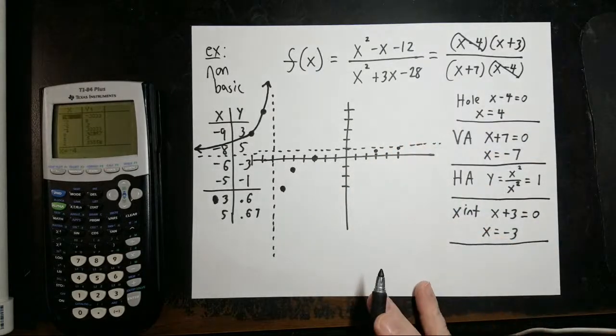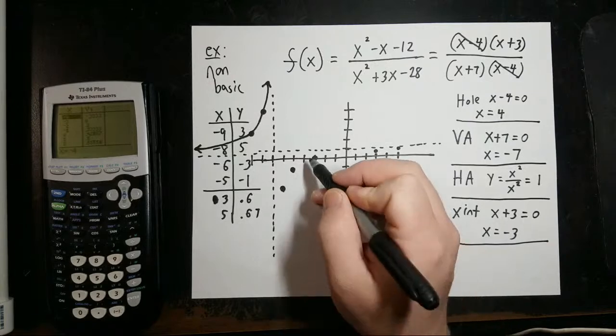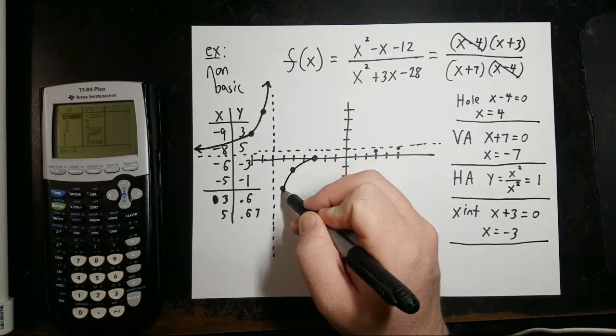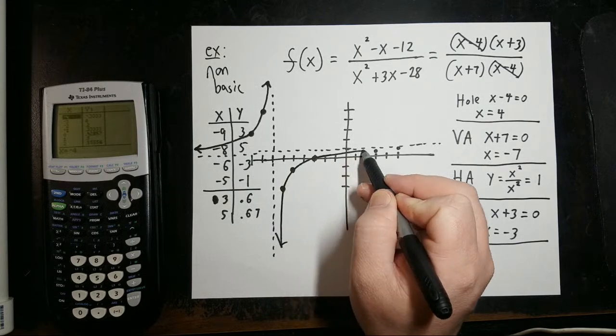There we go. You can see the thing flatlining now. There is going to be a hole right at +4, somewhere in that curve.